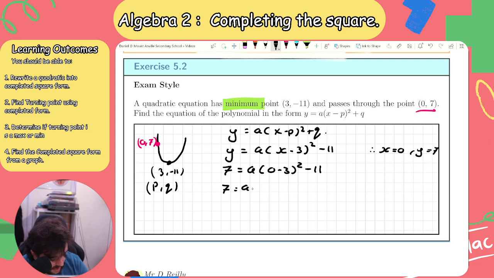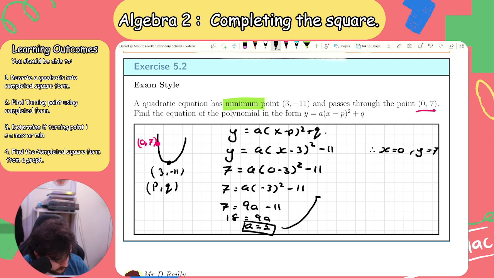7 equals a times minus 3 squared minus 11. 7 equals 9a minus 11. 18 is equal to 9a. a is going to equal 2. So therefore, the completed square form is y is equal to 2 times (x minus 3) all squared minus 11.